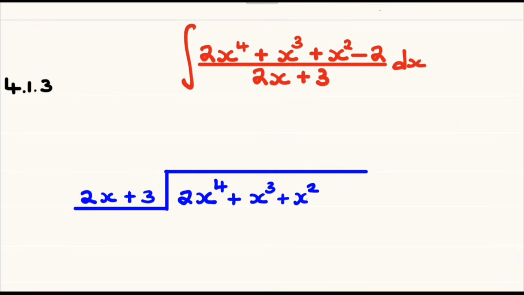And I have to stress that we have to write this in standard form so that we can get the correct answer. So we have to include the positive 0x and also the negative 2.